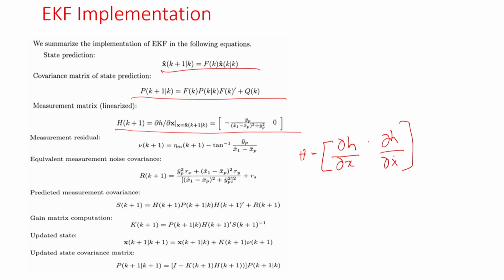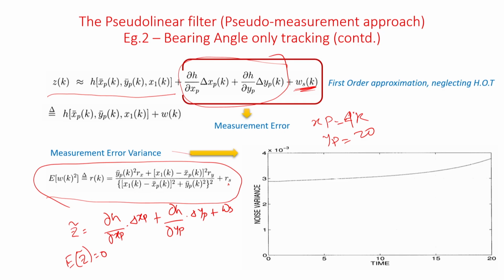Once you do this, for x dot no term is there, so it will be 0. Once you do it with x, you will get this term. Okay. You calculate your measurement residual, because you are now using the nonlinear measurement: actual measurement minus predicted measurement, you get the measurement error residual. Okay. Already you have calculated your R matrix from this problem. This is your R matrix. So, take this expression here.